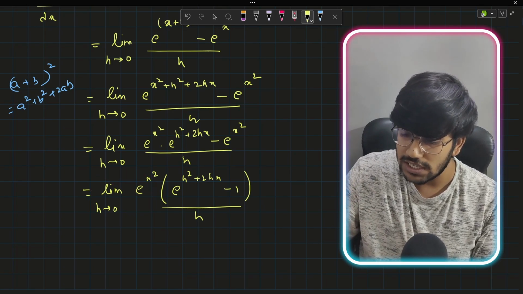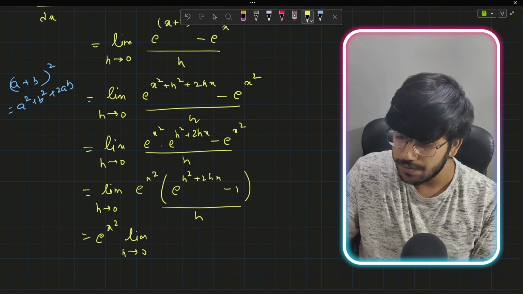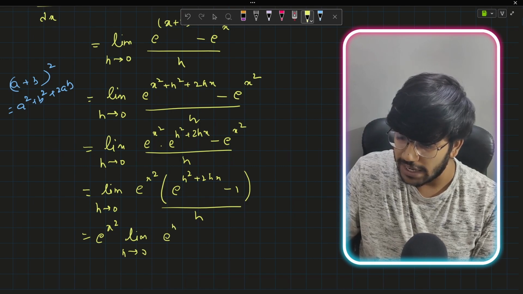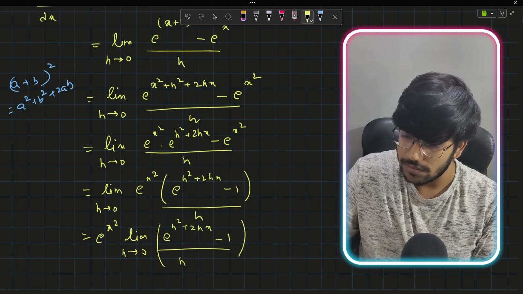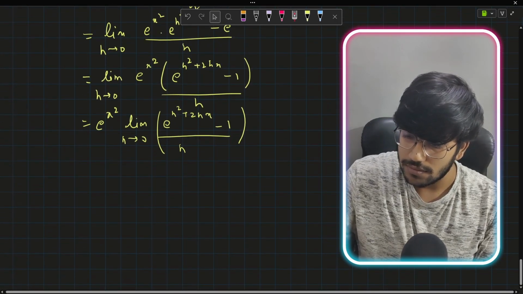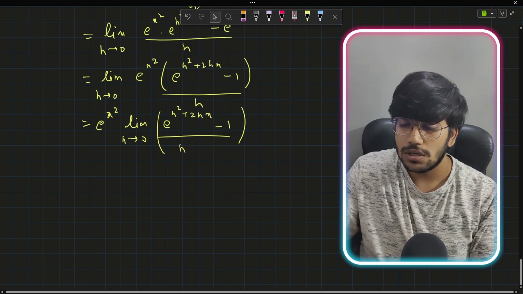So what this gives us is e to the power x square times limit h tends to 0, (e to the power h square plus 2hx, minus 1) over h. Yep.